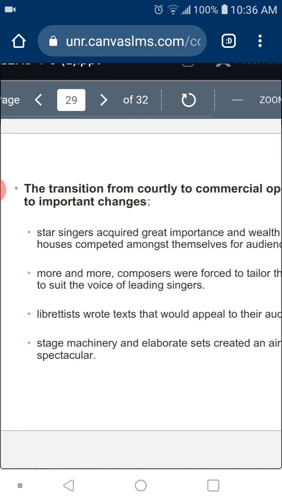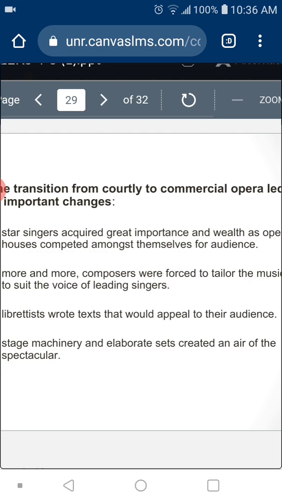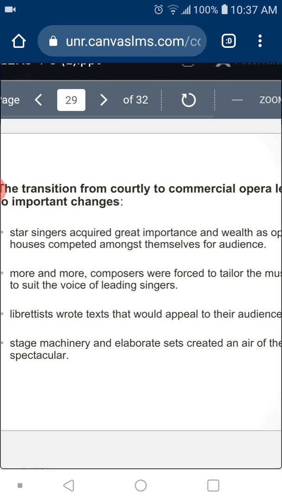And the fourth aspect is that the machinery, I would say technology, on the stage became more advanced, in the sense that the more advanced the spectacle was from a scenographic point of view, the more people it could attract.